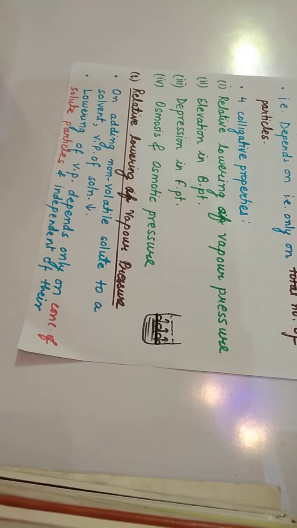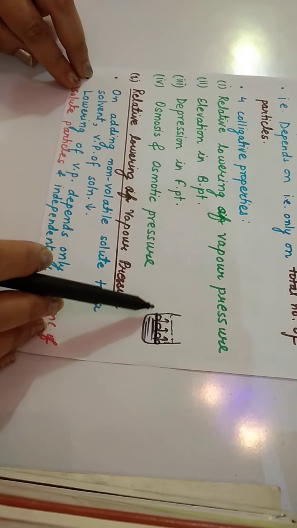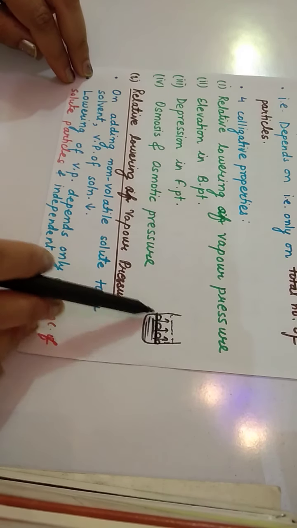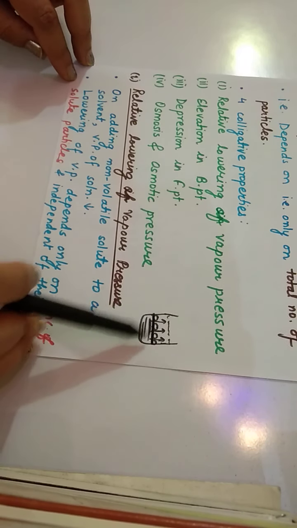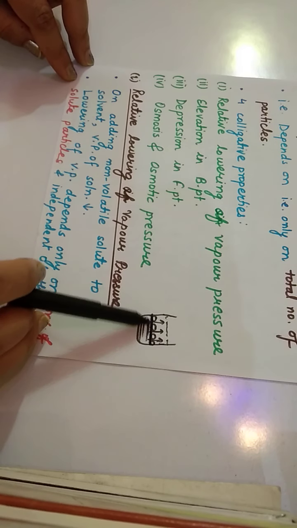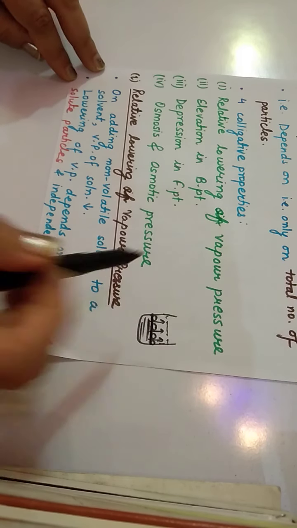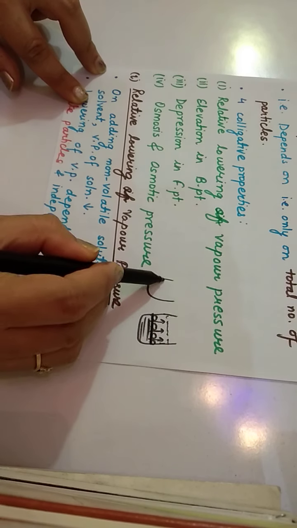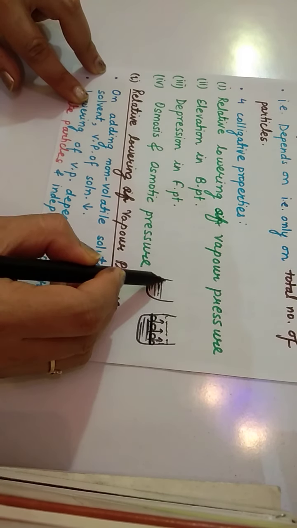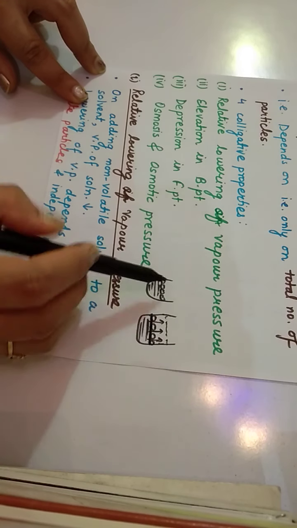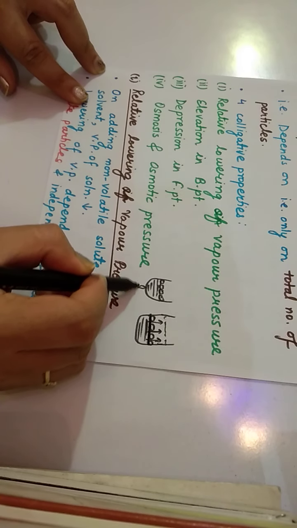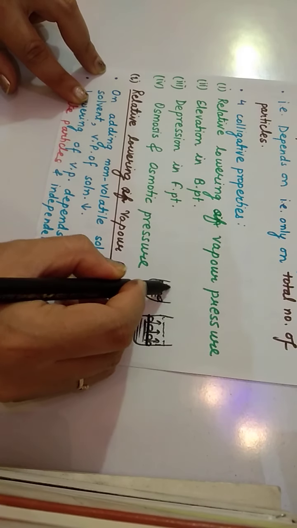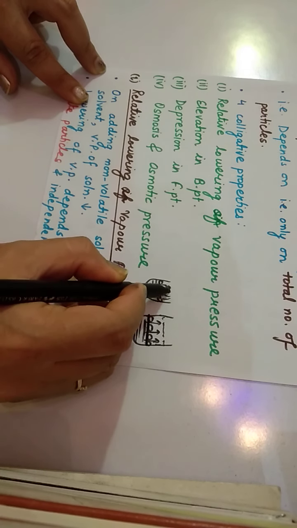Now children, we have already done that. If I take a container and in that I put a solvent, and that solvent is volatile in nature. Suppose I take water in it and then I add a non-volatile solute into it. Earlier, when this container was having only water, that is solvent, the whole surface was occupied by water molecules, and if you heat that, then those water molecules vaporize.